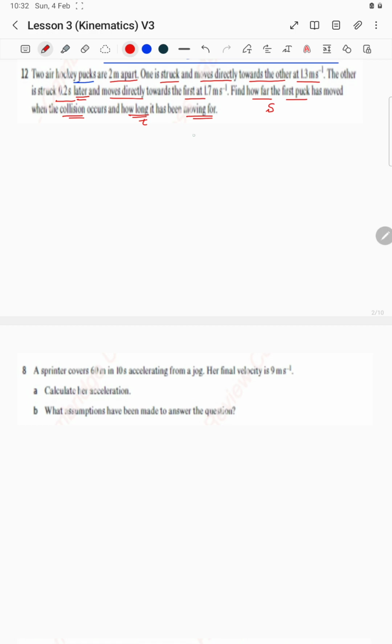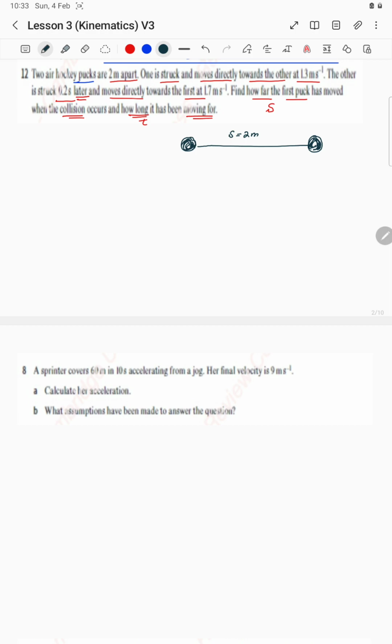Here we have the puck, like a disc on ice skating or ice hockey. When you play on the ice skating floor, the hockey, these are two pucks, and the distance apart is given. They are 2 meters apart.